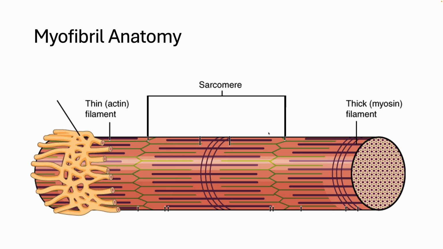Wrapping around the myofibril will be the smooth endoplasmic reticulum. What we do is call it the sarcoplasmic reticulum in muscle cells. Its primary function is going to be to act as a reservoir to hold calcium ions, which we'll see later play an important role in muscle cell contraction.